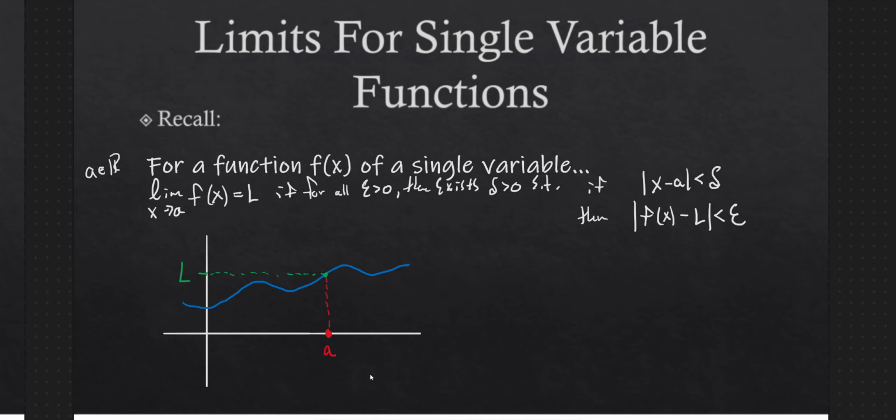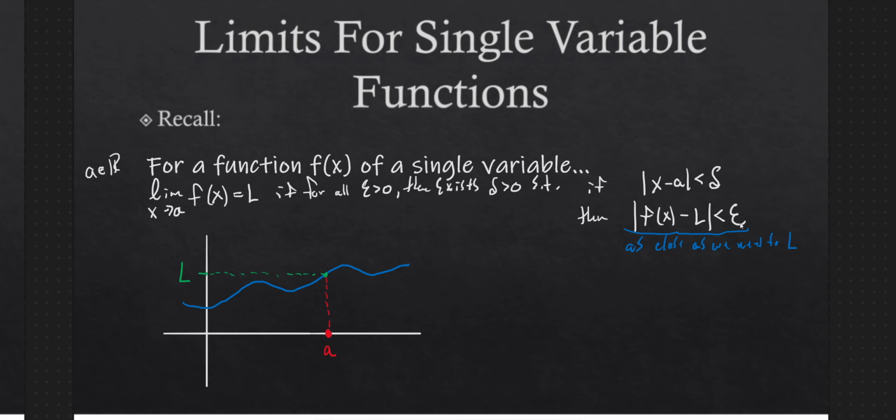Right, so the idea is this part down here. We're saying the limit is L, so that means the function values are approaching L as x approaches a if we can make f of x as close as we like to L, as close as we need to L. And how close do you need to be to L? Arbitrarily close. You get to pick the epsilon.